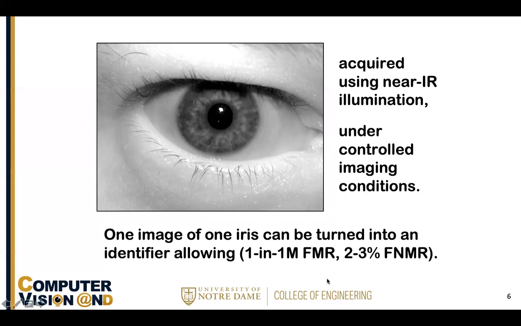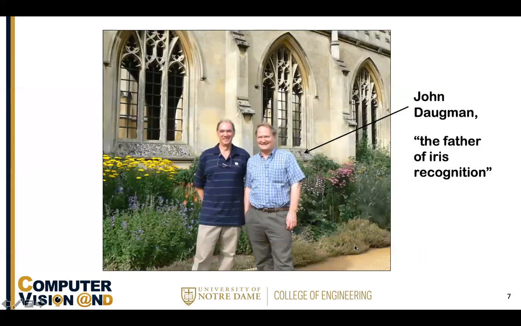This combination of 1 in a million false match rate and just 2 or 3% false non-match rate has seemed quite extreme in biometrics. And for some period of time after iris recognition was launched, and I'll credit the launching to John Daugman, who's pictured here, standing outside a building in Cambridge in the UK. John is recognized as the father of iris recognition.